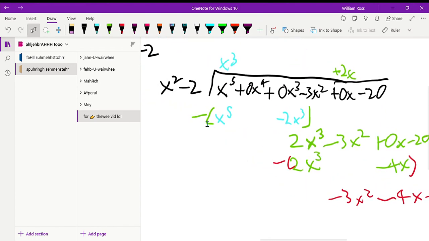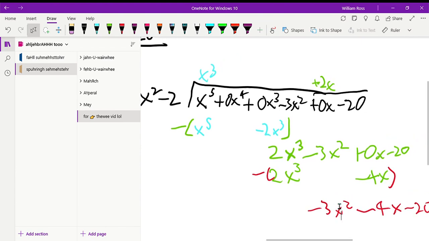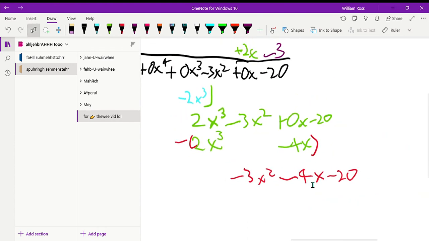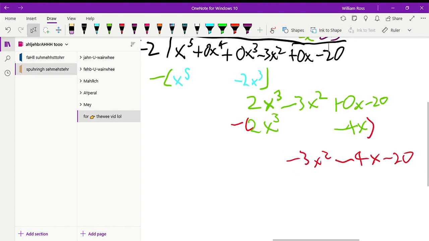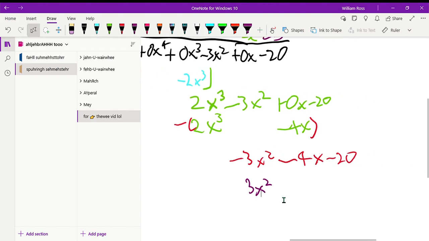So now x squared goes into negative 3x squared will be negative 3. So put that in purple. So negative 3 times x squared will be 3x squared.